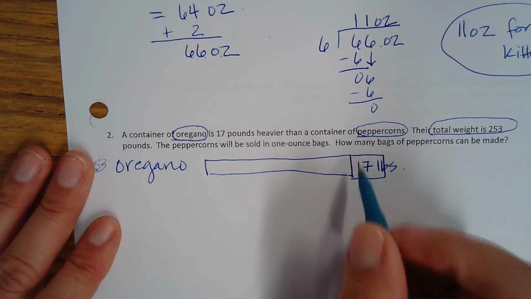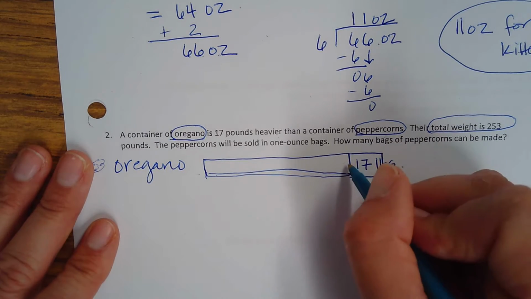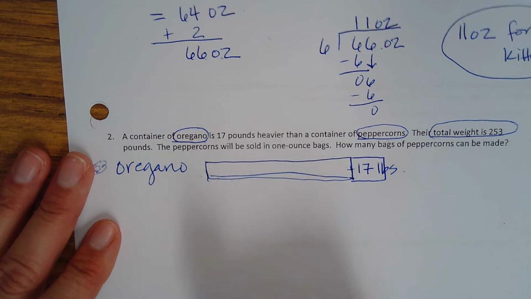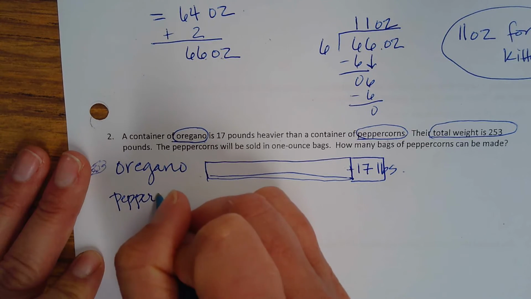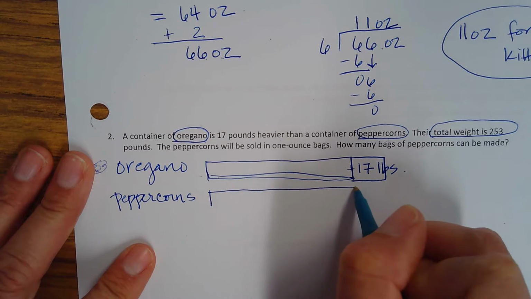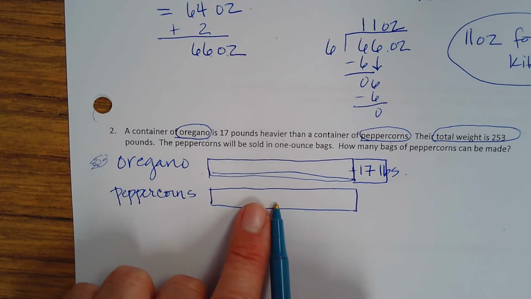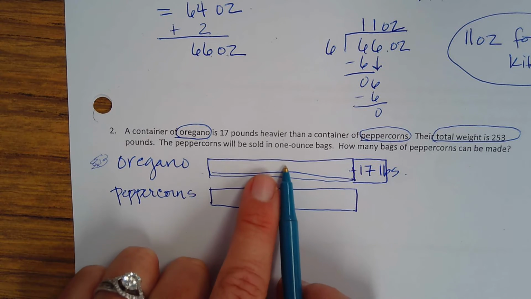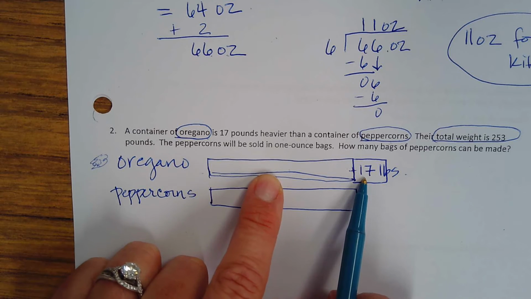It's this amount plus 17 pounds. And we know that the peppercorns is equal to this. So we know peppercorn equals this, and oregano is the same amount plus 17 more.